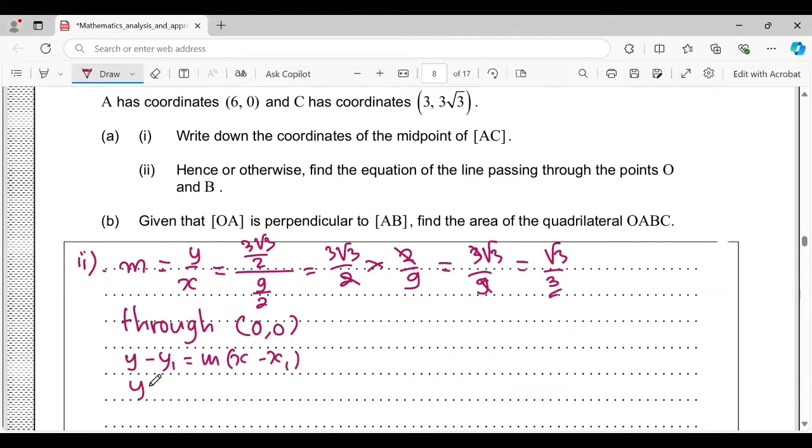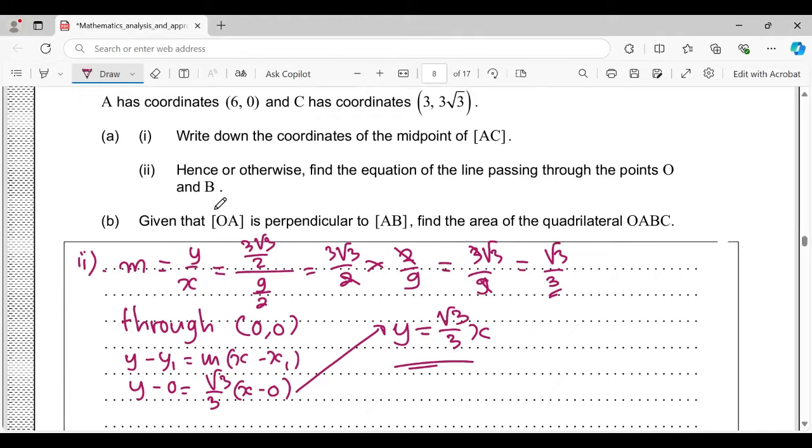So y minus 0 equals √3/3 times (x minus 0). So y equals √3/3 x. This is the equation of the strike line, the function.